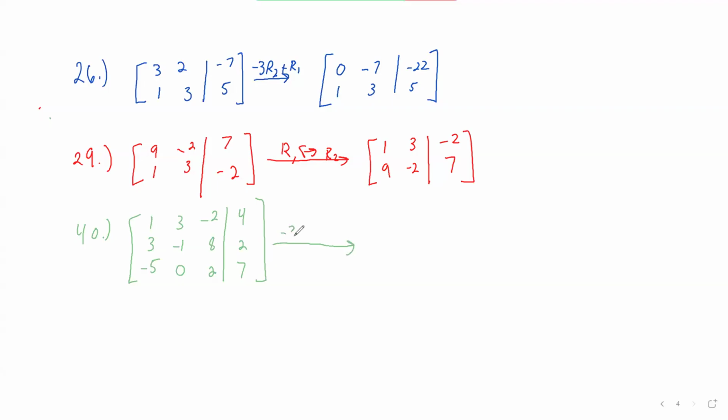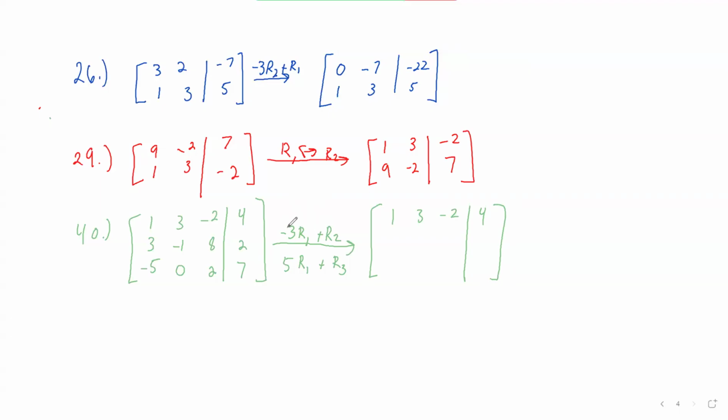You're asked to do -3 times row 1 plus row 2, and then 5 times row 1 plus row 3. Since I end with row 2, row 2 will change. When I end with row 3, row 3 will change. That means row 1 will remain the same. I'll go ahead and rewrite it just so I have it, and then I'm going to go from top to bottom, in whatever order you want. It doesn't really matter.